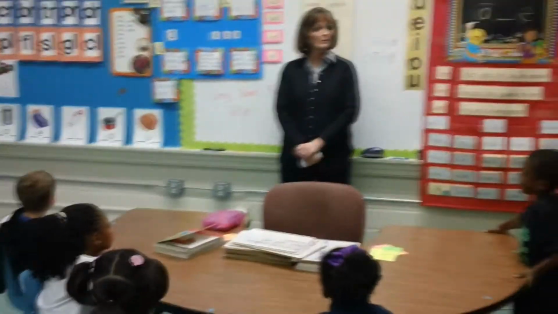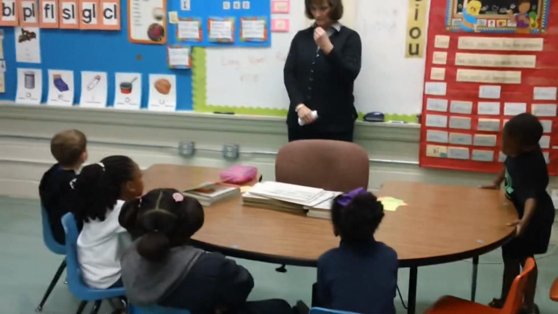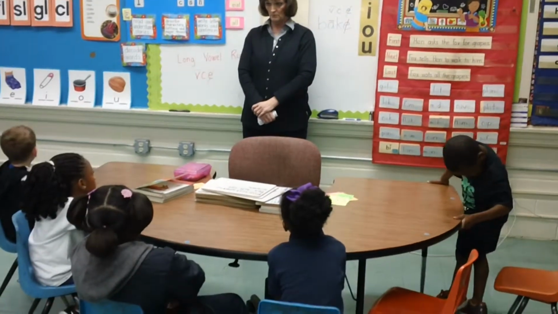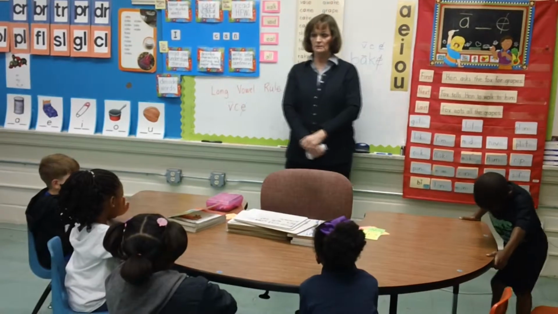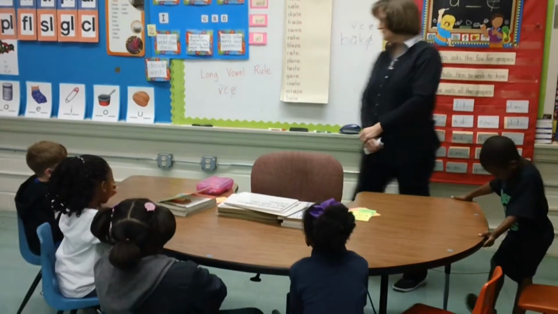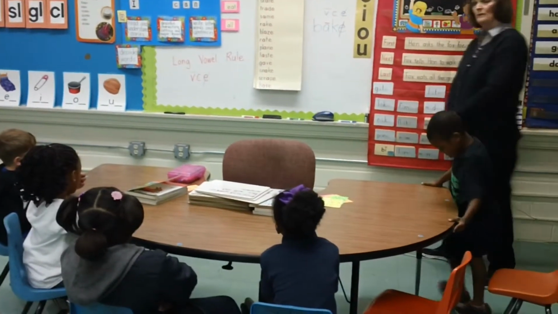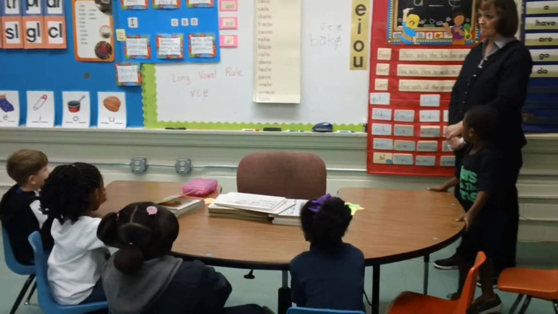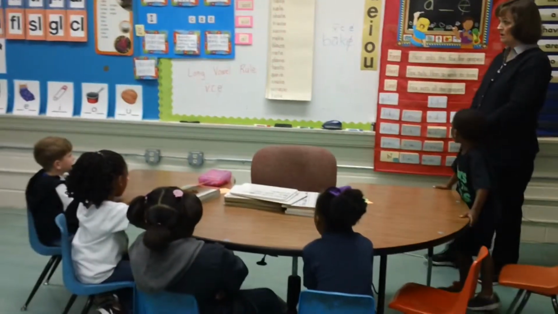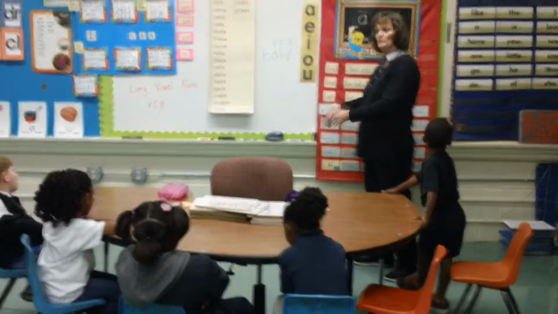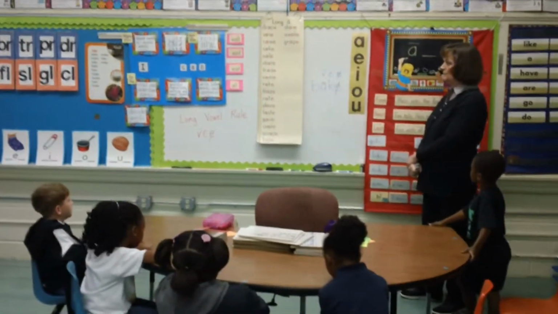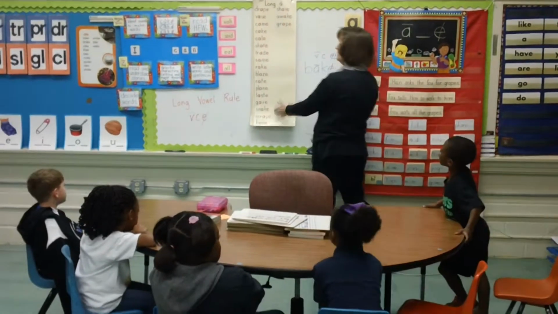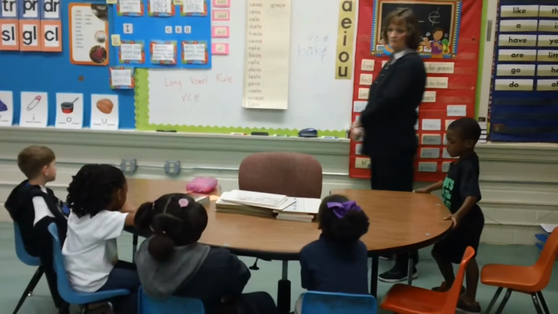It's always important to remember the things that you're reading about. You always want to make sure you know what happened at the beginning, what happened at the end, what happened in the middle. Okay. So next Monday, we're going to review the long A words, and we're going to put short A words with them. Okay, so we'll have both, not only long A, but long and short A.